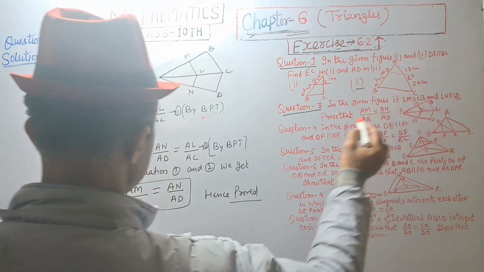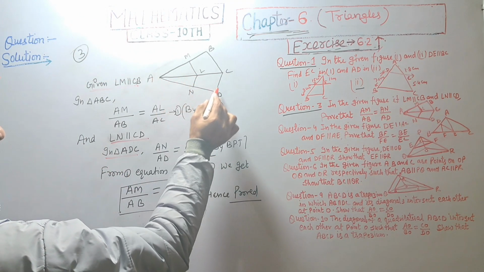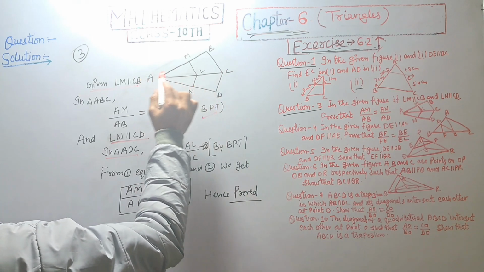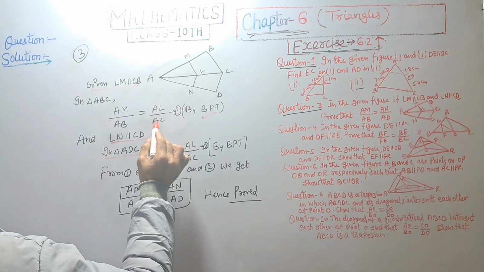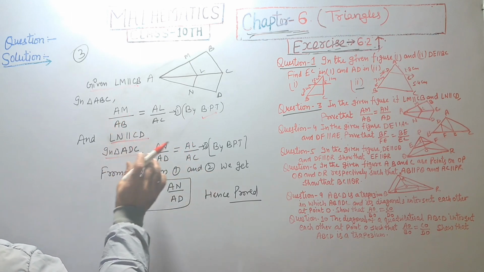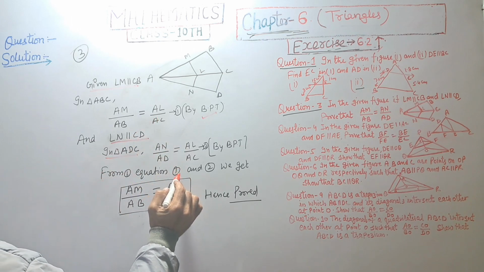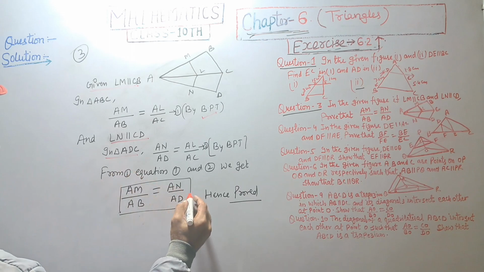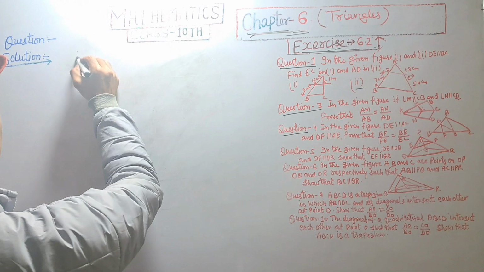Then in triangle ADC, AN upon AD is equal to AL upon AC. AL upon AC is AM upon AB, and AL upon AC is AN upon AD. From equation first and second, we get AM upon AB is equal to AN upon AD. Hence proved. Question number 4.